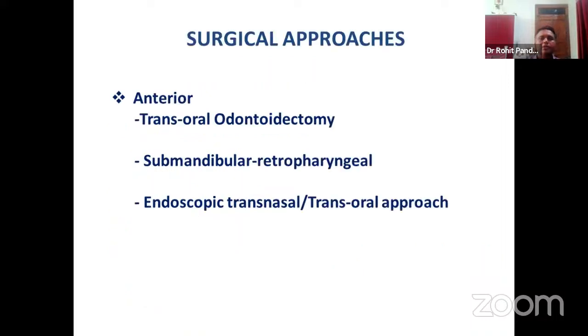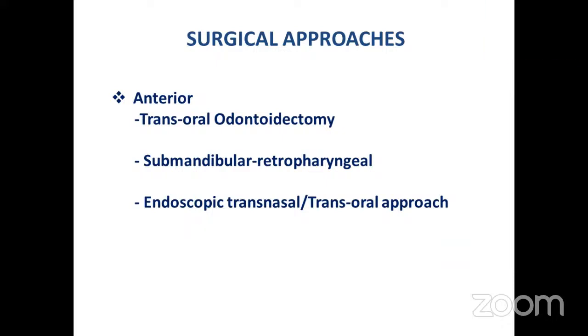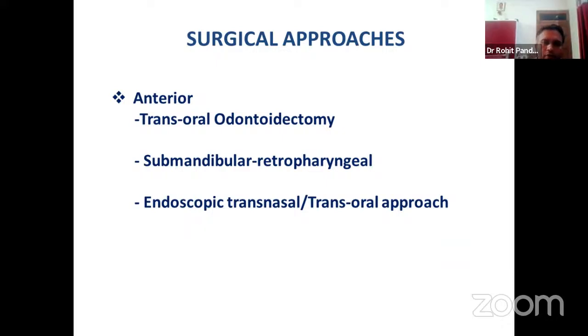So talking about the surgical approaches to the craniovertebral junction, they have been divided broadly into anterior and posterior approaches. I will go one by one. In the anterior approach, we have microscopic transoral odontoidectomy, which was used for the cases of severe basilar invagination. And the recent techniques which are in vogue nowadays are a submandibular retropharyngeal approach to the anterior C1, C2 joint and anterior fixation.